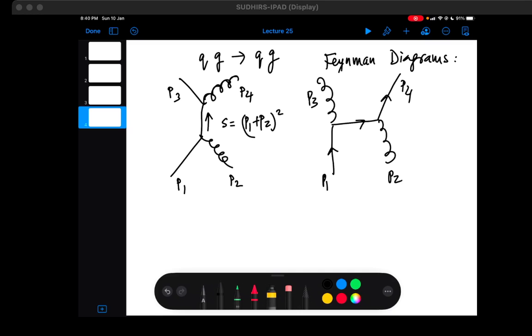So here U is equal to P4 minus P1, whole square. So these are the two diagrams contributing to the process of quark-gluon scattering.